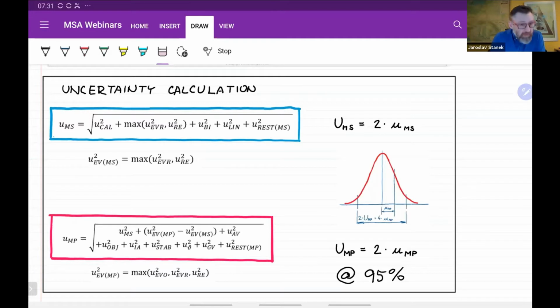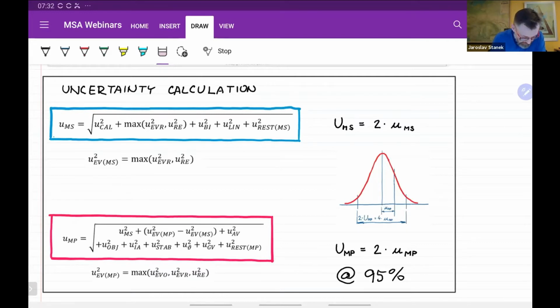So what we've covered in the past webinars was how to get to the individual standard uncertainties. And we are all the way making the assumption that they are normally distributed, so that we can calculate the combined uncertainty as the square root of sum of squares.